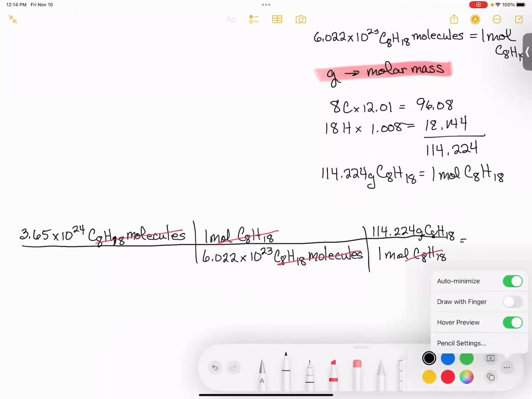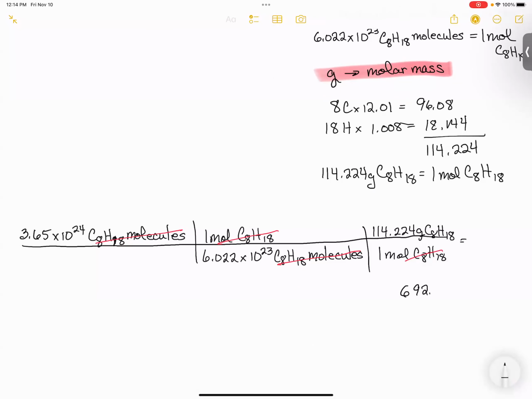And you get a mass of 692 grams of C8H18.